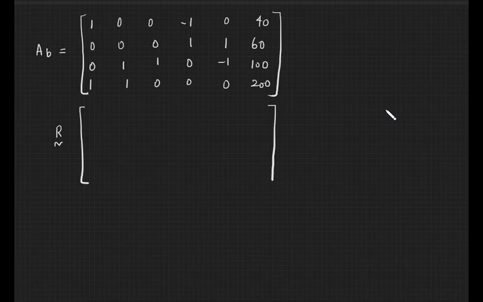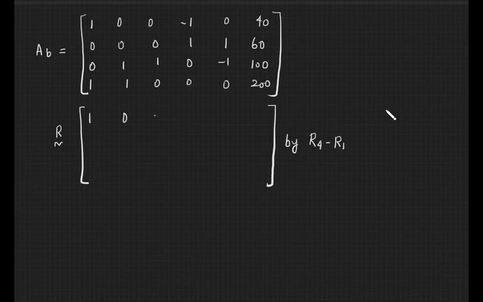First we need to make this column 1 0 0 0, meaning all the elements below the first pivot element should be 0. So we need to make the first entry of the last row 0 by applying the elementary row operation R4 minus R1, because if we subtract this 1 from this 1, we get 0. Since we are performing the operation on R4, the values in R1, R2 and R3 will remain the same.